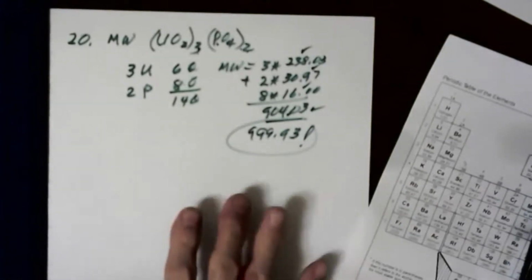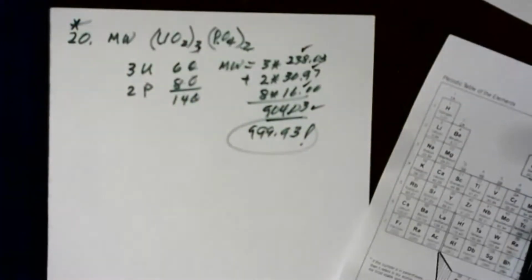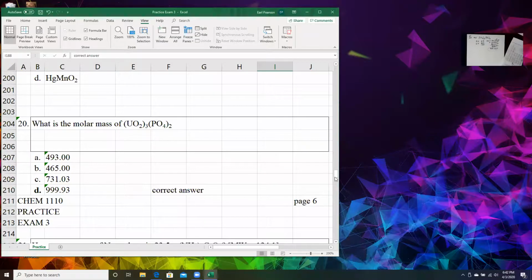So after we're done with this, I will upload a corrected number 20 to D2L. I'll work it again before I do that just to be sure I haven't made a mistake this time instead of last time, okay? All right, so let's go back to screen share so we can see the next problem. I'm surprised I didn't catch that sooner.